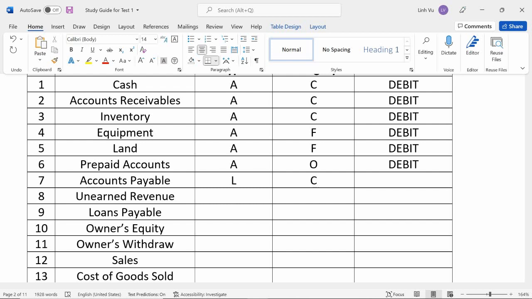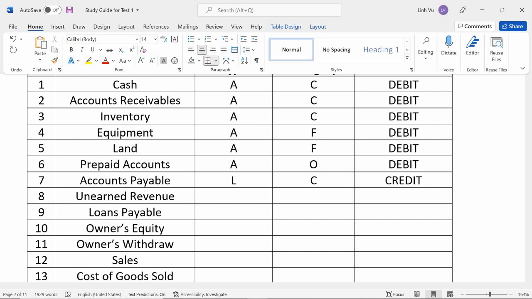A lot of vendors usually give you that 30, 60, 90-day policy. Some go for 6 months, but other than that, most likely it's a very short amount of time that you owe them for. And it's a credit. Good. Credits increase liabilities, or liabilities are increased by credits, okay?